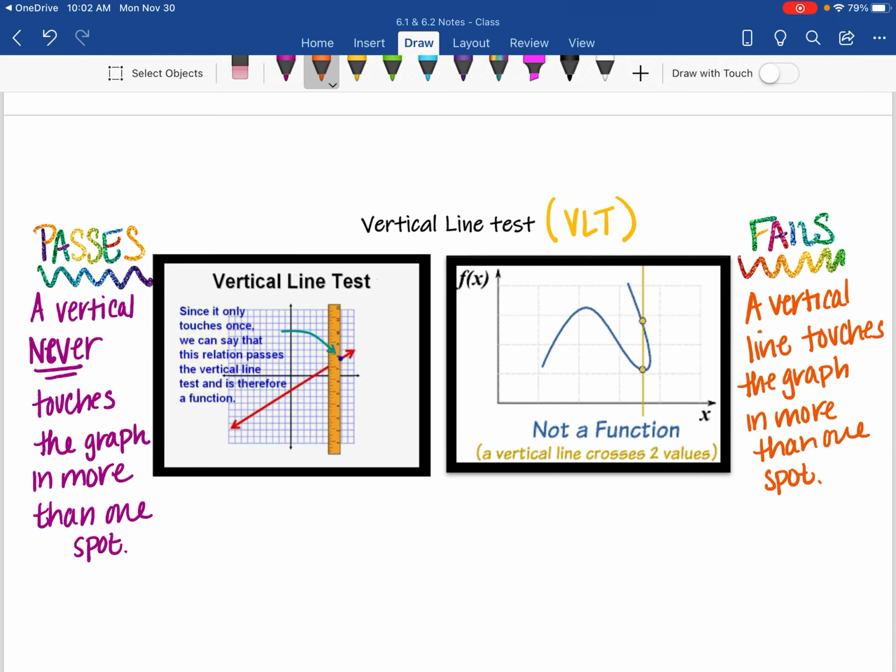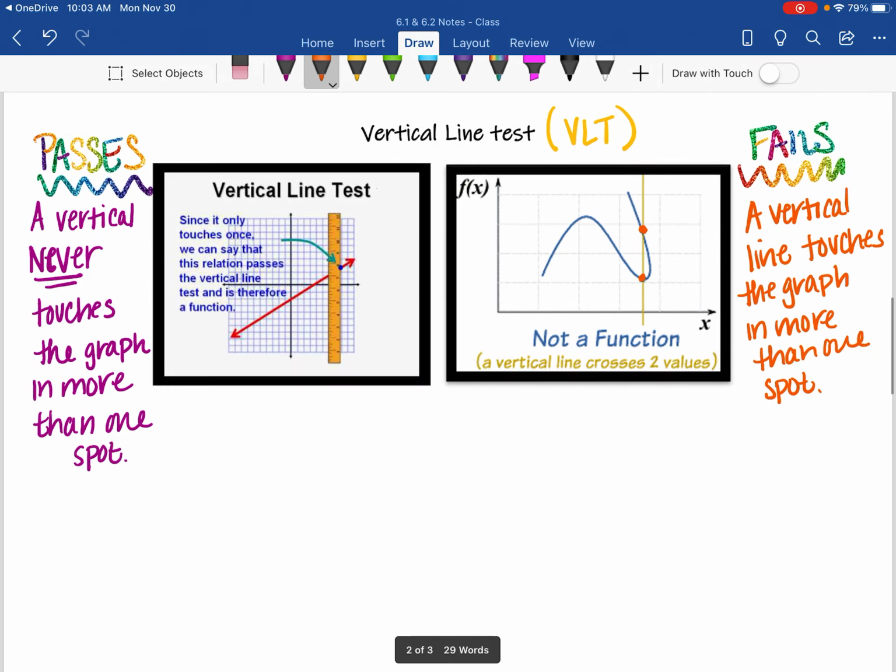Okay, and that means it's not a function. And you have an example right here. This vertical line hits that graph in more than one spot. So it touches the graph. Okay, it doesn't have to happen in more than one spot. It can just happen one time on that graph and it's not a function.